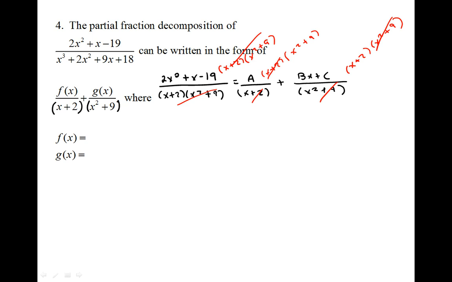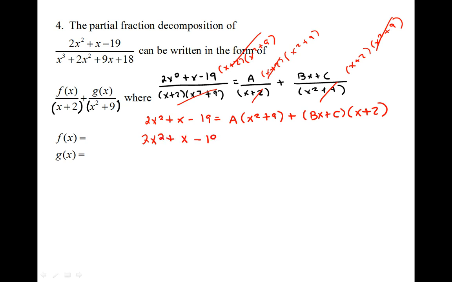So I'm left with 2x squared plus x minus 19 equals a times (x squared plus 9) plus (bx plus c) times (x plus 2). And now I'm going to have to distribute all of this out. So I'm going to get 2x squared plus x minus 19 equals ax squared plus 9a.